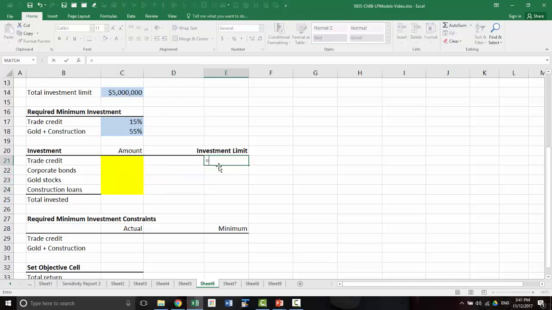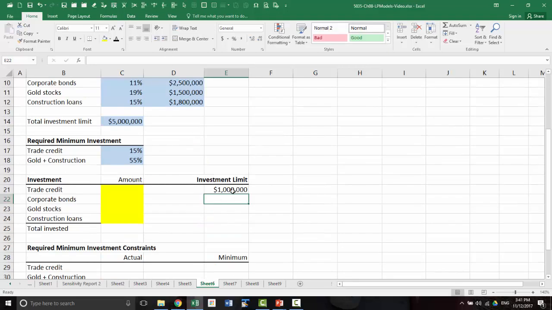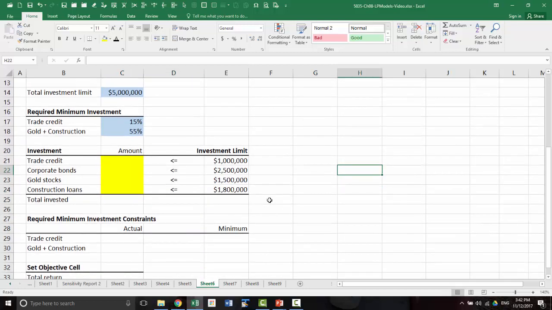The investment limit is just a dollar amount limit, so that comes from there. These are less than or equal to constraints. Let's center that so it'll be nice and clean, and put the bottom border back. Now we have to set up the minimum requirements constraint.